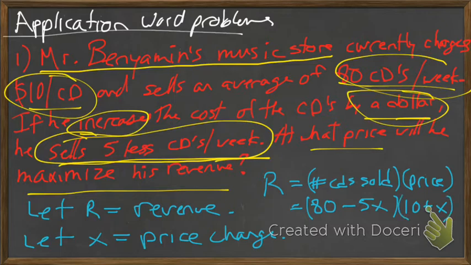So every time we change the price, we go up by 1. I'll put a 1 here to make it more visible that every time we change, we're going to add a 1.